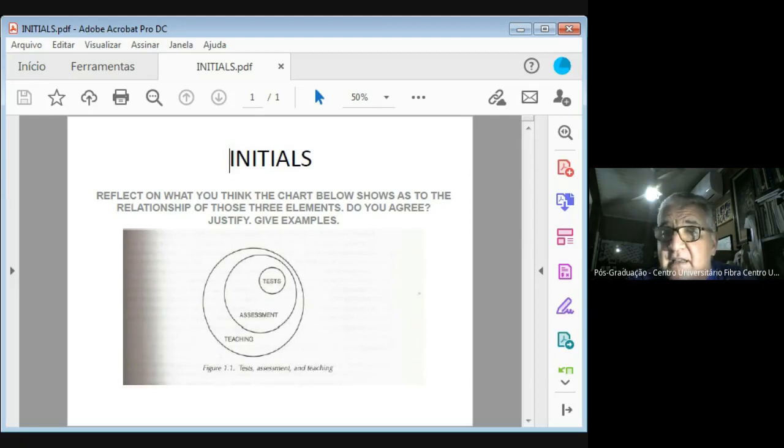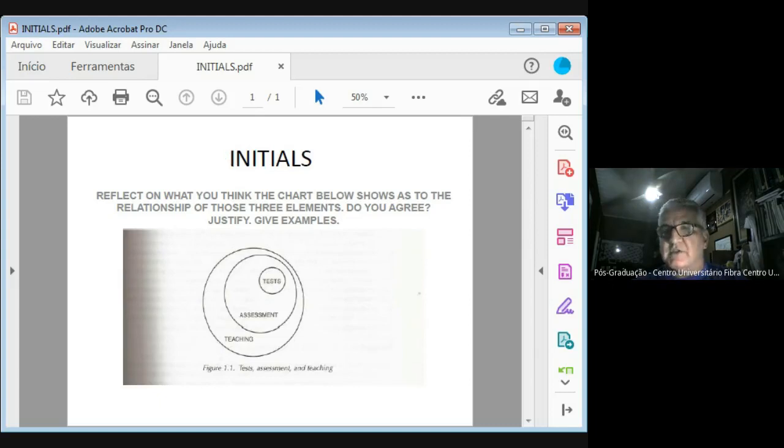But then there is no feedback for the student. There is no consequence other than pass or fail. And this is the worst scenario for teaching. But unfortunately, I repeat, this is what we do in Brazil today.